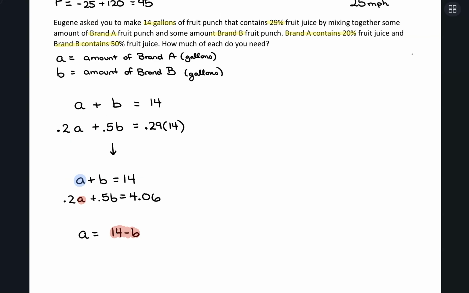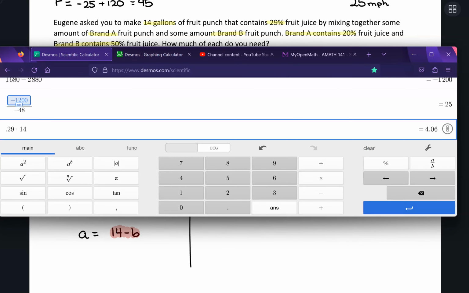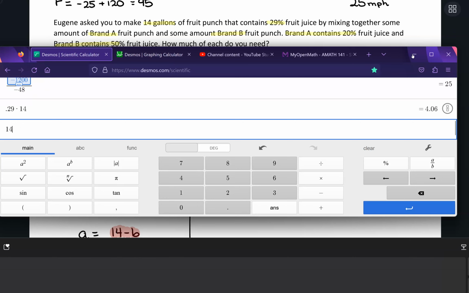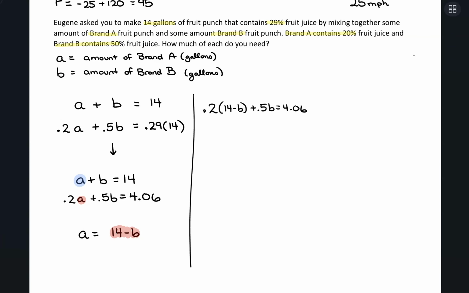Okay, so we have 0.2 times 14 minus B plus 0.5B is equal to 4.06. Let's distribute the 0.2. So 2.8 minus 0.2B plus 0.5B is equal to 4.06.